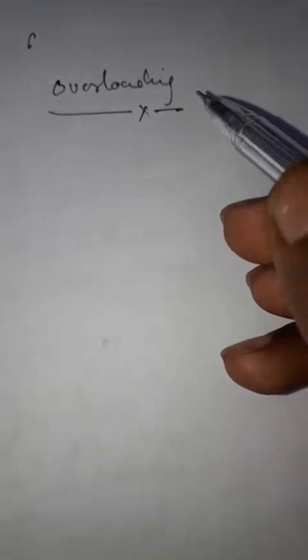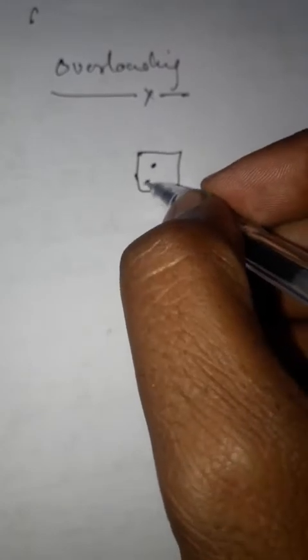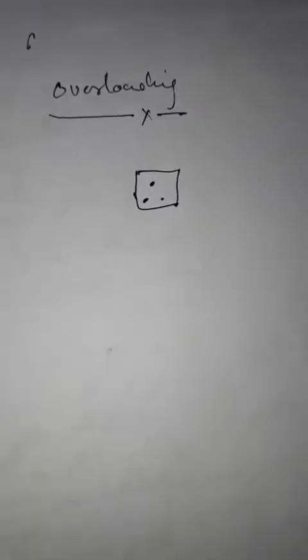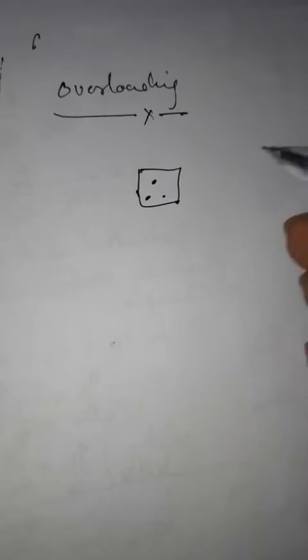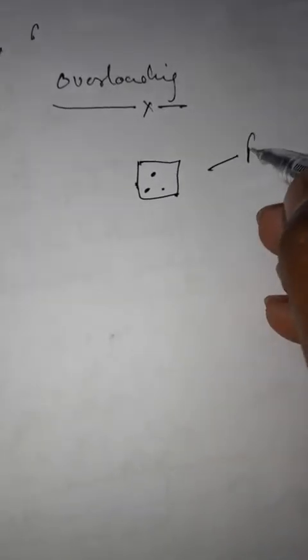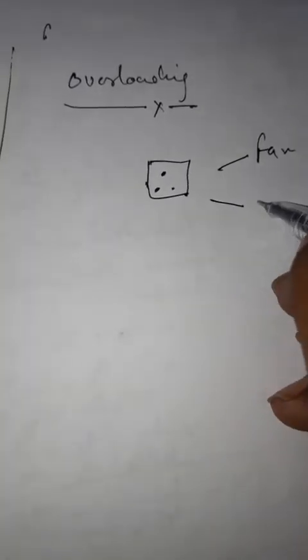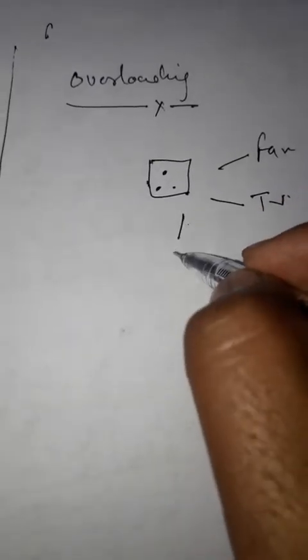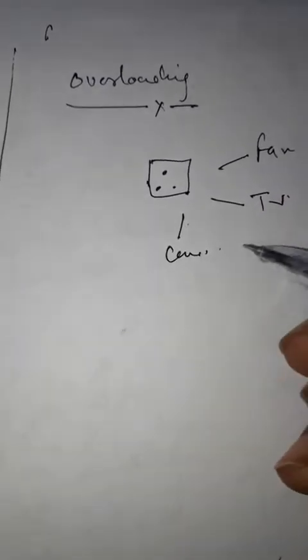What is the meaning of overloading? Overloading means when the current exceeds a certain limiting value. How does it occur? Say we have one socket in our home, and at this particular socket we connect a large number of devices, say a fan, a TV, or a computer setup.